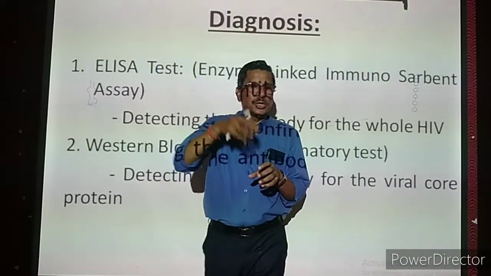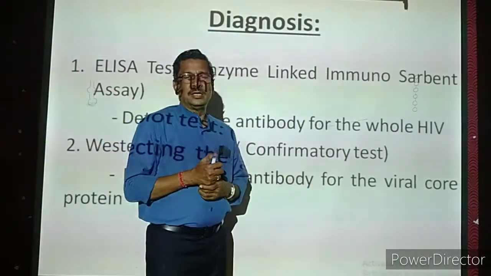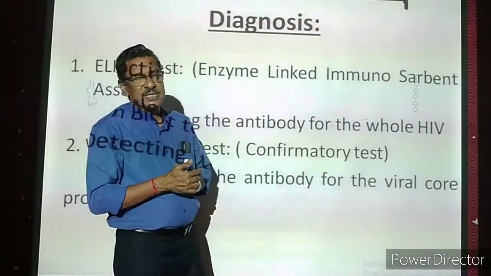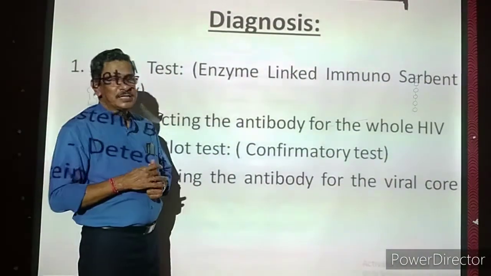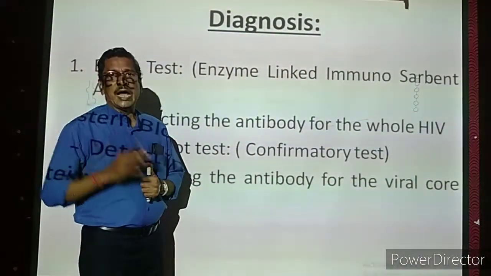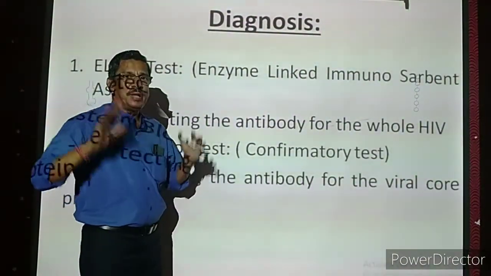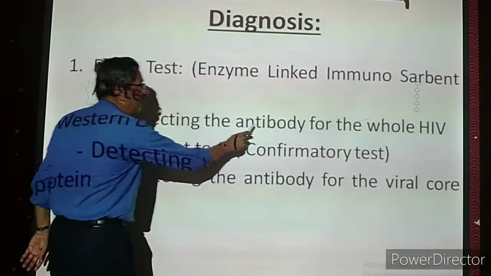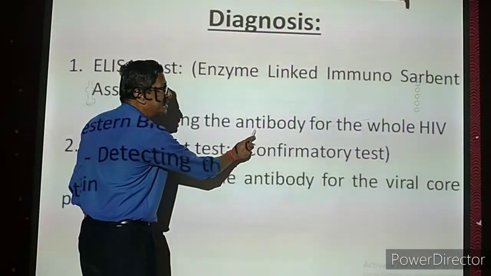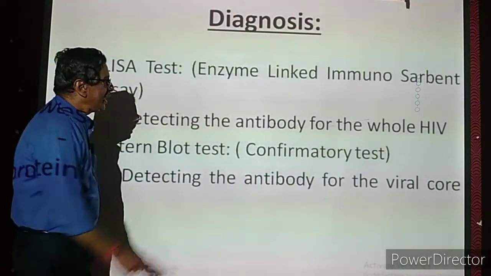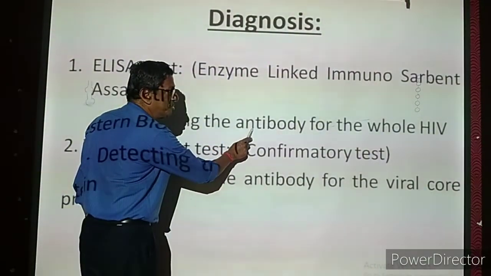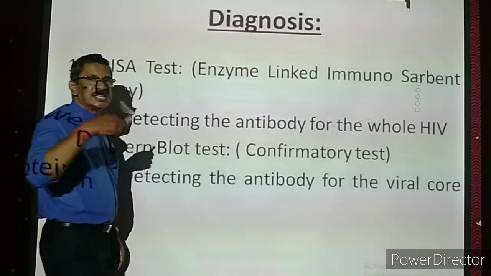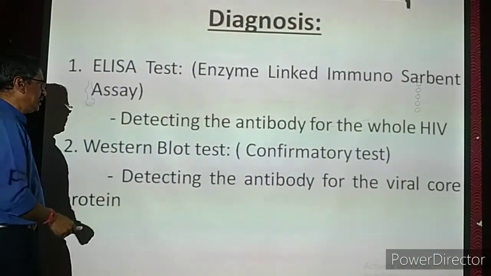The antibody will try to kill the HIV, but it cannot. The reason is the outer envelope: I already told you, bilipid layer plus glycoprotein. They won't allow it, so the virus will be alive. If the antibody for HIV is there, the person has HIV. If the antibody for HIV is not there, the person is HIV negative, and HIV is not there in the body.